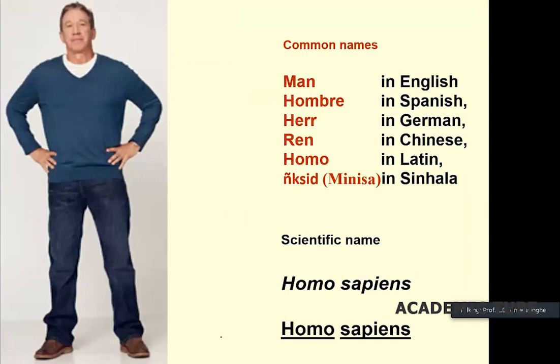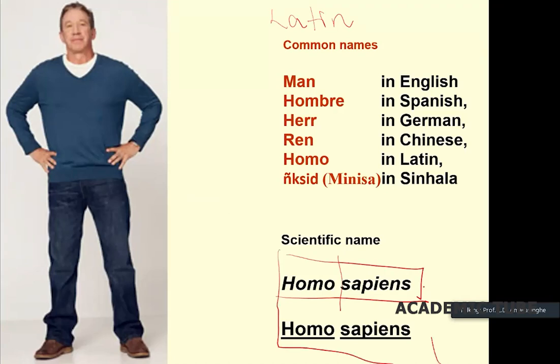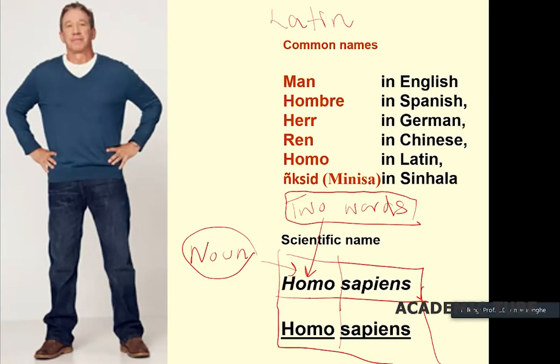If we take this naming introduced by Linnaeus in Latin, it always has two words for an individual animal. The first word is a type of noun, and this noun sometimes describes some features of the thing. The first word always starts with a capital letter.